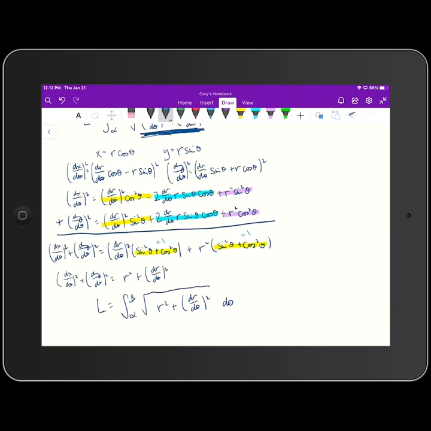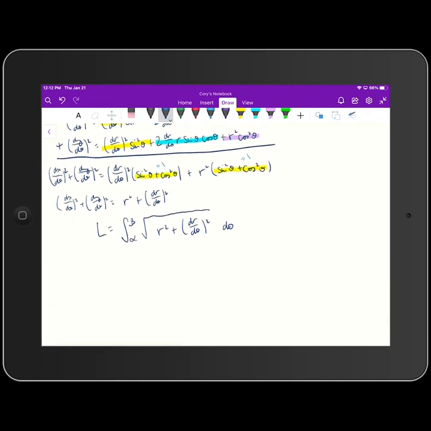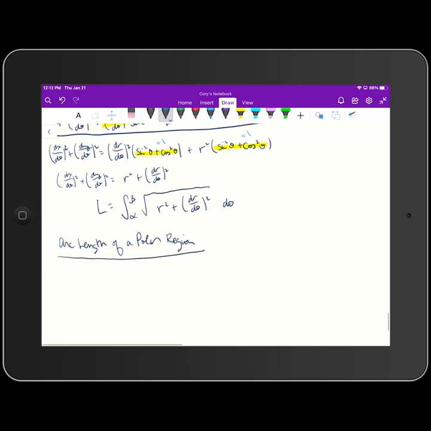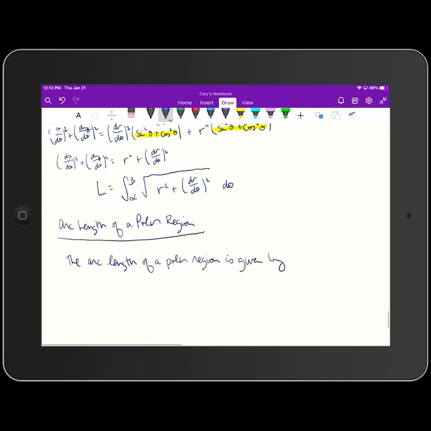Okay, so I want to summarize what I did here. Our arc length formula of a polar region is given by the formula that we came up with.